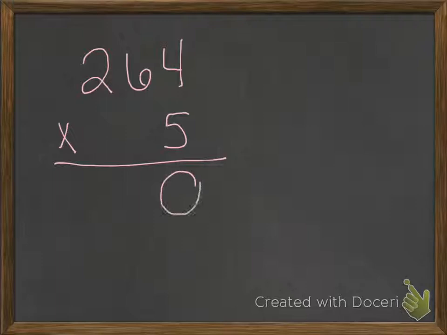We keep the 0, regroup the 2. 5 times 6 is 30, plus 2 more is 32. Keep the 2 and regroup the 3. 5 times 2 is 10, plus 3 more gives us 13. Our final answer to this problem is 1,320.